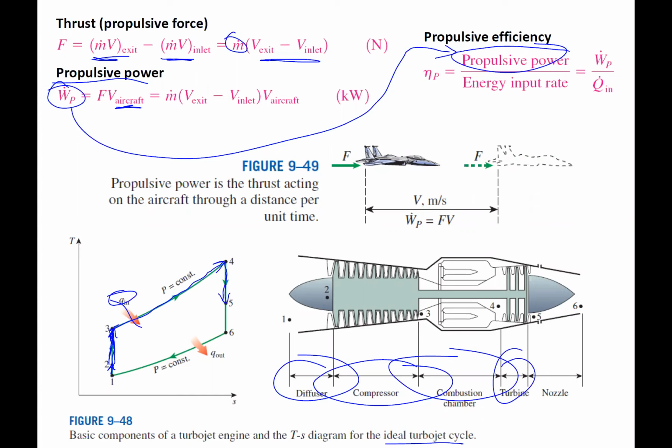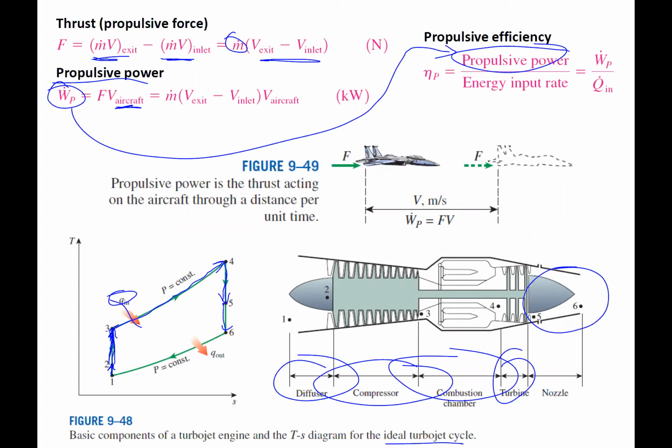And then 5 to 6 is our nozzle, where we drop pressure and temperature again, but that goes to an increase in kinetic energy. In 4 to 5 in the turbine, that drop in pressure and temperature is going to work, right? But in the nozzle, there's no work. It's going into kinetic energy.